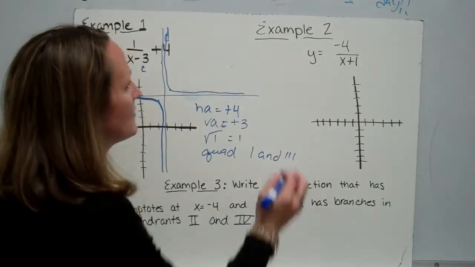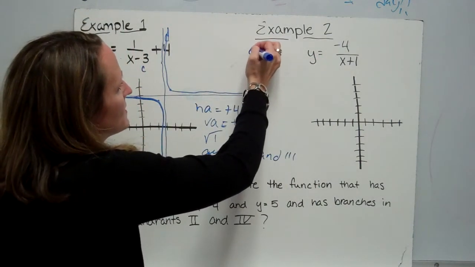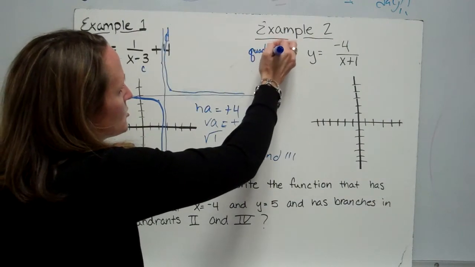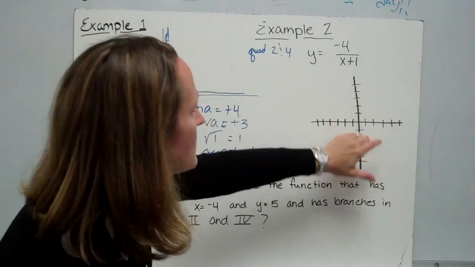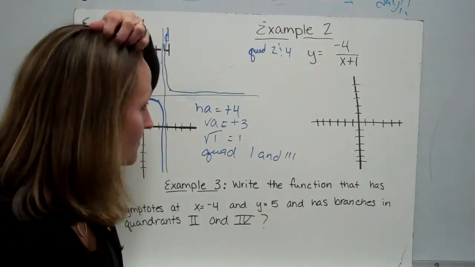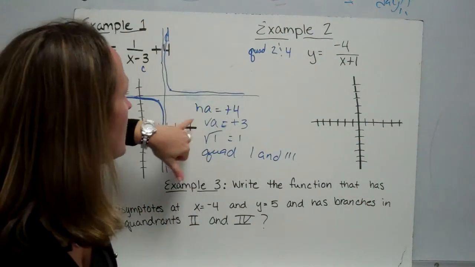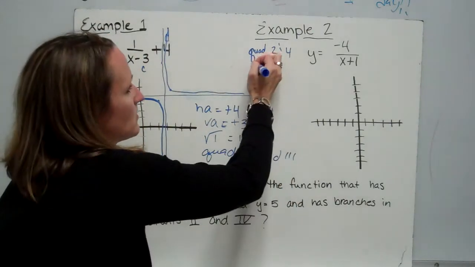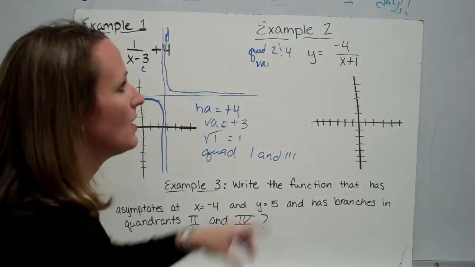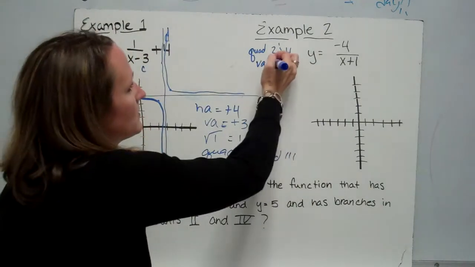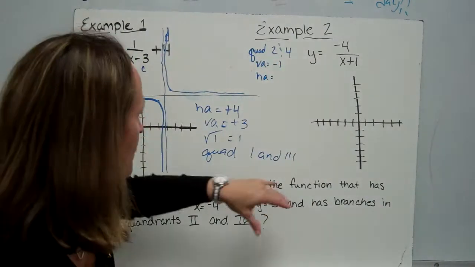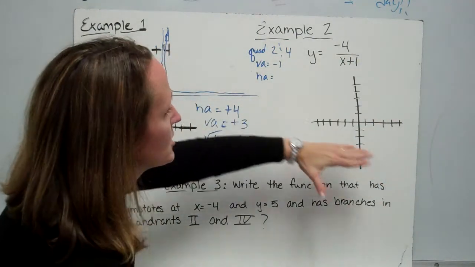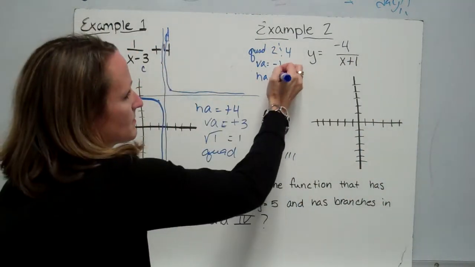Okay, so now let's look at this one. It is negative, so this one's going to be in quadrants 2 and 4, so it's got to go here and here. I have a vertical asymptote of -1. My horizontal asymptote, it doesn't have anything out here, so it's just going to be my x-axis.